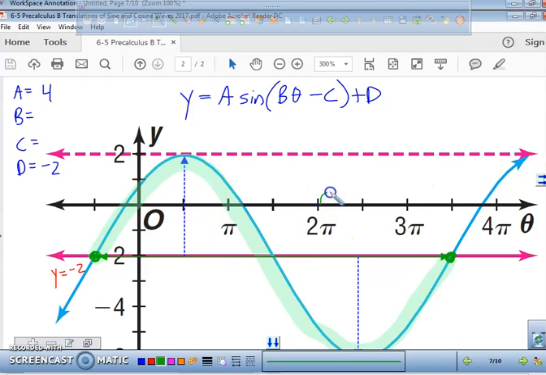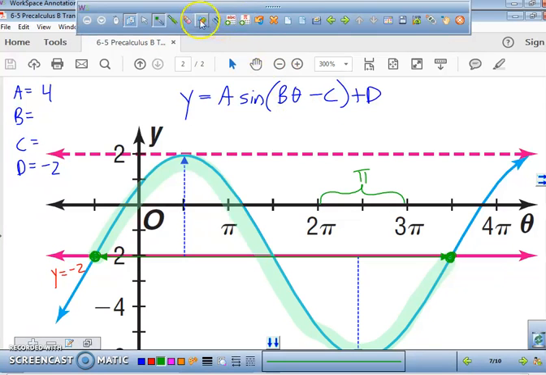What's the distance between 2 pi and 3 pi? That distance is just pi units. So every time you go from 2 pi to 3 pi to 4 pi, that's a pi, which means 2 spaces equals 1 pi. Does that make sense? 2 spaces equals 1 pi in this picture.